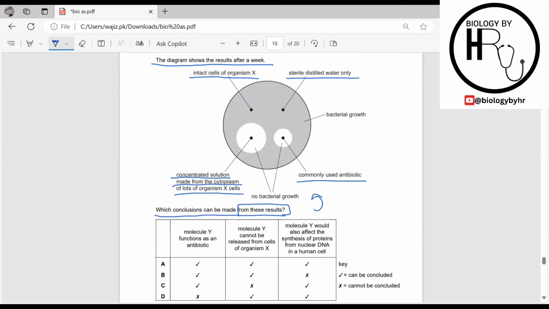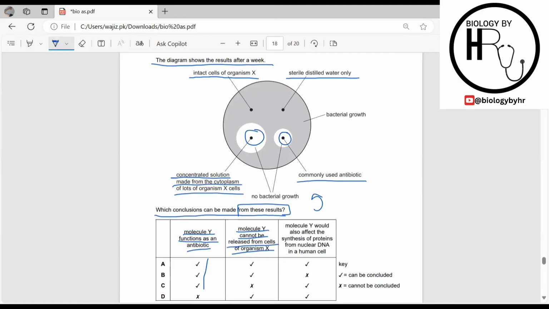So we will have to use this figure in order to tell what conclusion is being made from the results. Molecule Y functions as an antibiotic. We know that yes, molecule Y can function as an antibiotic. Why? Because you can see over here that there is no bacterial growth over here as well and over here as well.